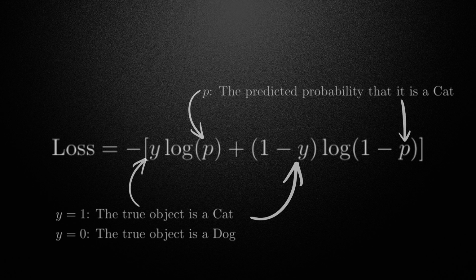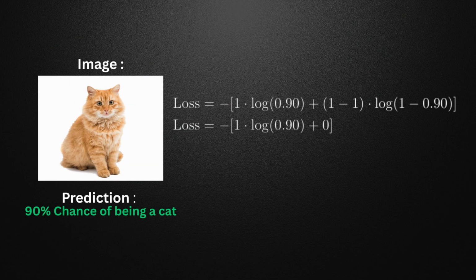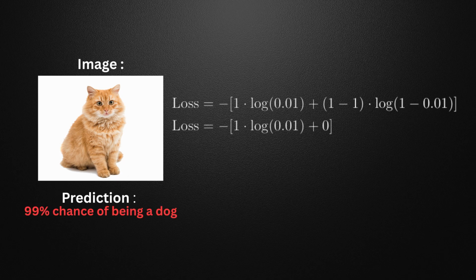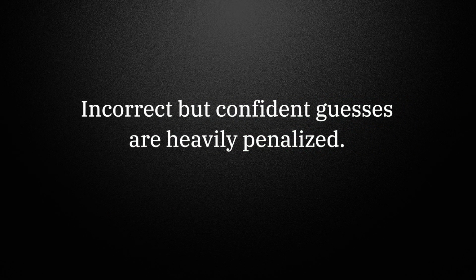If the image is a cat and the model predicts 90% chance it's a cat, the loss is tiny. But if the model predicts 99% chance it's a dog, then the loss explodes. So it screams at the model for being confident and incorrect.